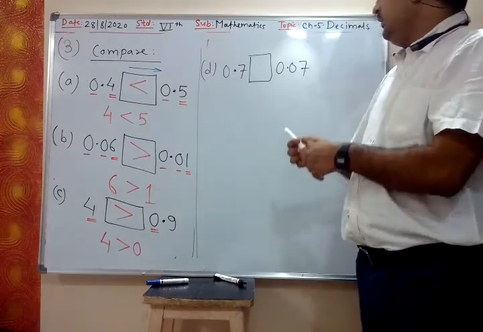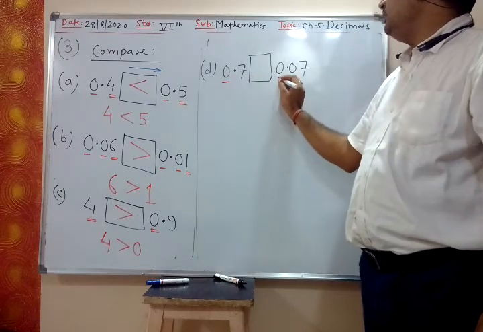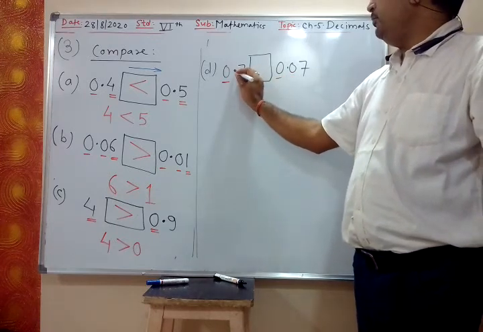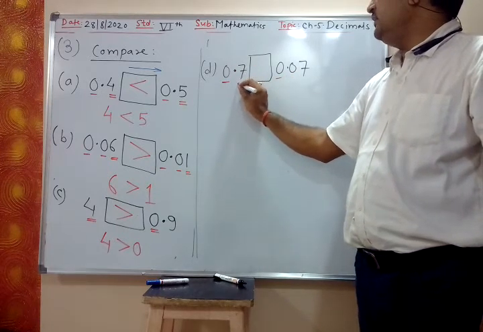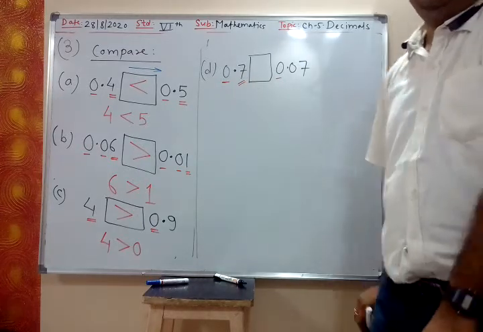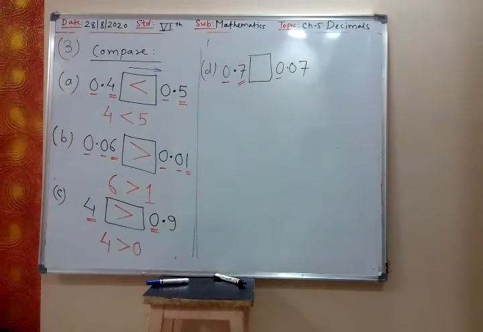See, this whole part is 0, same as 0. Then after the point it is 7. You have to compare the digits from left always.